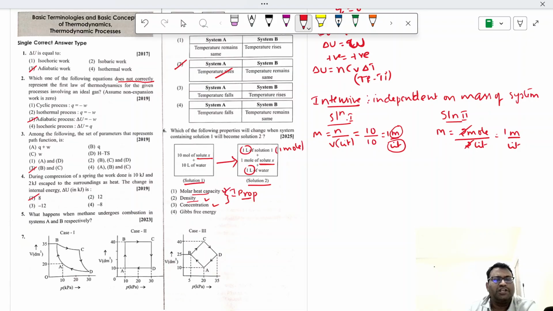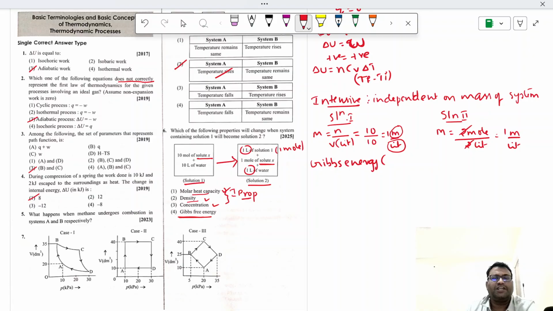Who changes? Gibbs free energy change. Why does Gibbs free energy change? Gibbs free energy, also called Gibbs energy, is an extensive property.